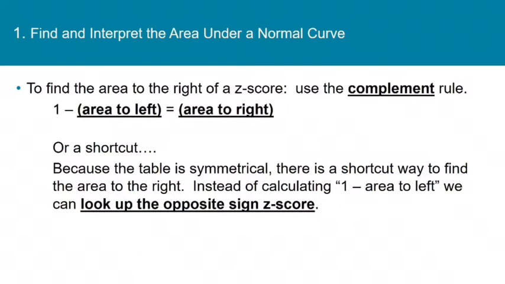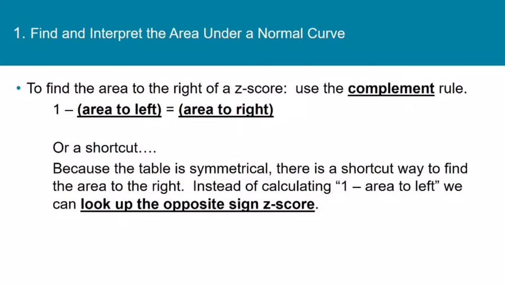So if I need to know the area to the right of a z-score, I have 2 choices. My choices are look up the area to the left of the z-score and then do a subtraction, or look up the area to the left of the opposite sign z-score, and then I don't have to do a subtraction. So this is actually what most people choose to do in practice because it saves you a step.